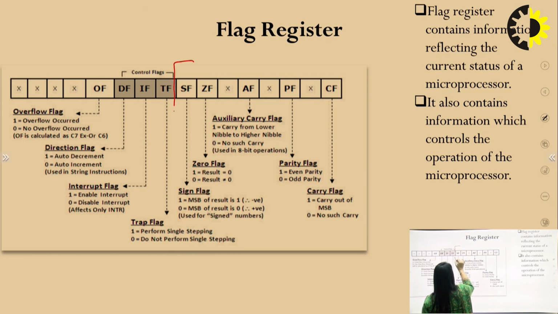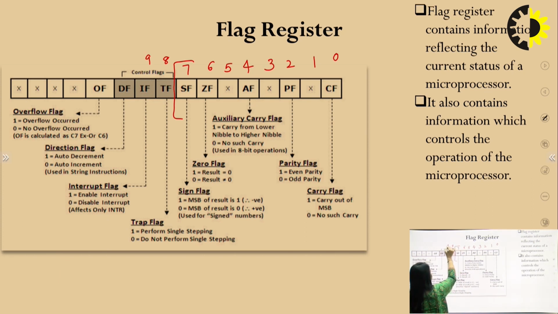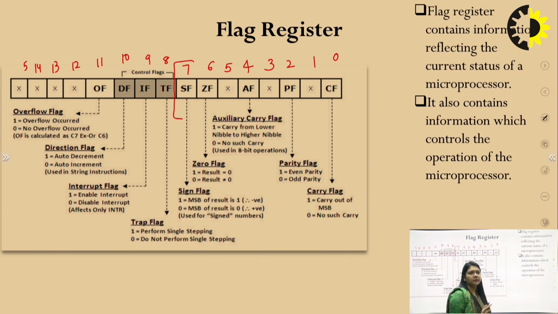If we look closely, bit numbers 0, 1, 2, 3, 4, 5, 6, 7, 8, 9, 10, 11, 12, 13, 14 and 15, so the flag register is 16-bit.